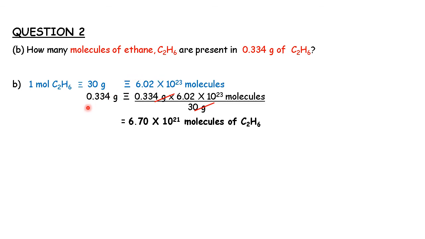Now the question asks about 0.334 gram equivalent to how many molecules of ethane. So cross multiply, divided by 30. So 0.334 times Avogadro's number divided by 30 gram. Gram cancels, so the answer is 6.7 times 10 to the power of 21 molecules of ethane. Remember, must include the unit.